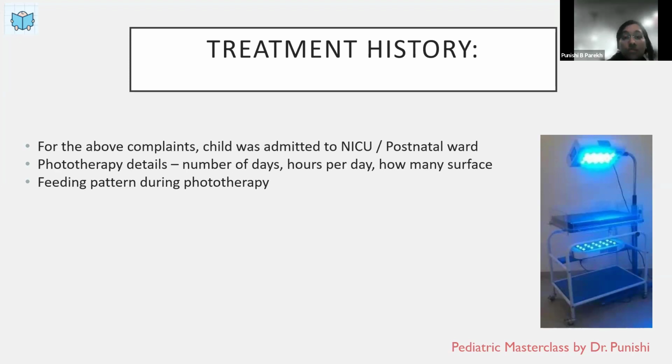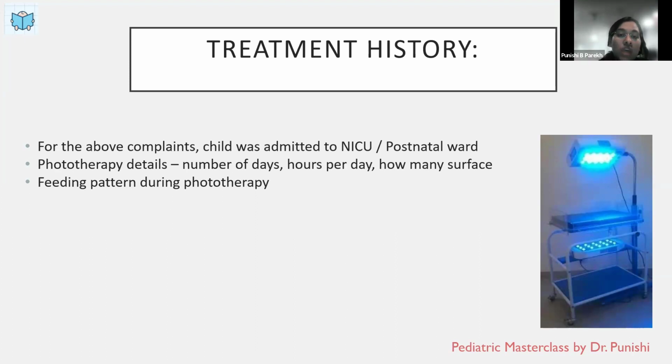So, for the above complaints of jaundice, whether the child was admitted to the NICU or to the postnatal ward. Now, if the child is requiring admission to the NICU, it means that the jaundice was probably more severe, requiring more active intervention and more close monitoring.